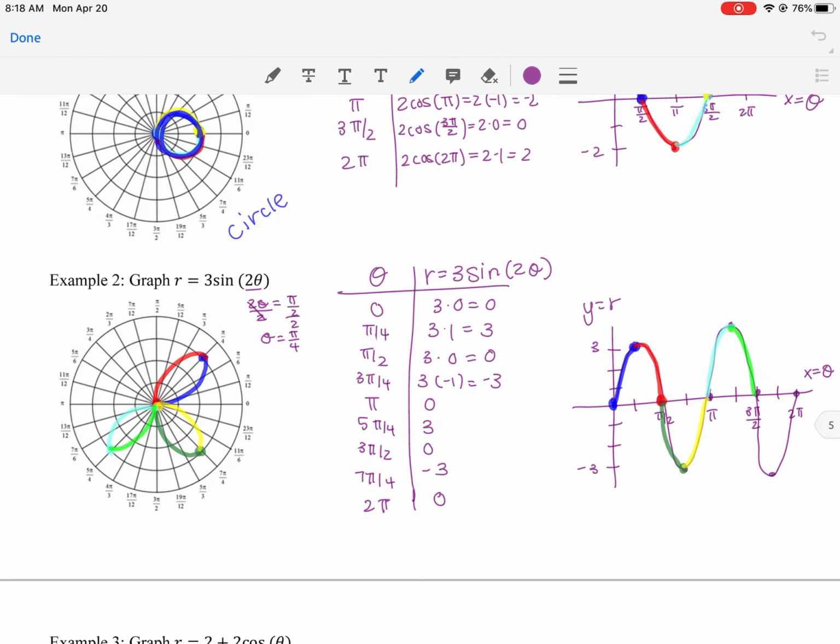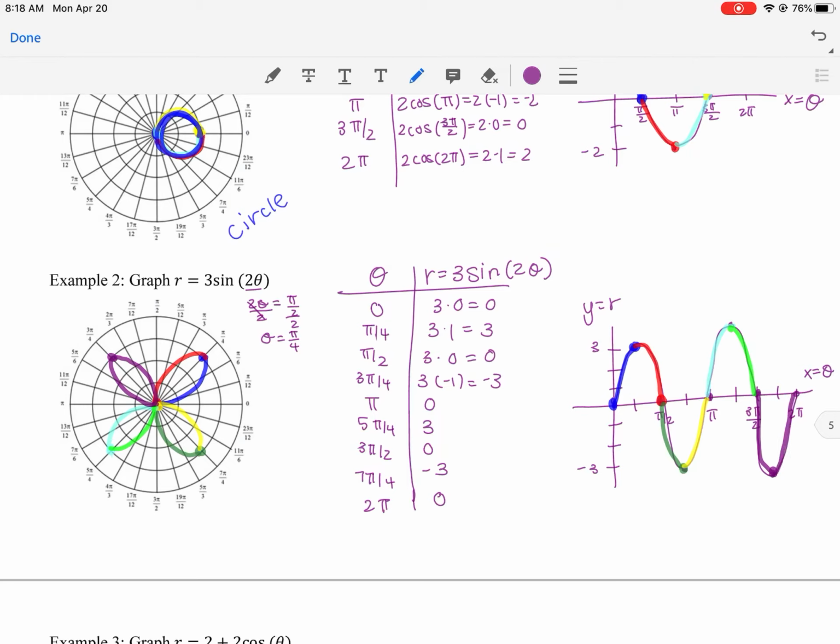Okay, now on this very last part, we're doing -3, but then we go all the way 7 pi fourths, so we'd end up over there, right? So we end up at this point here, and we connect it as well.